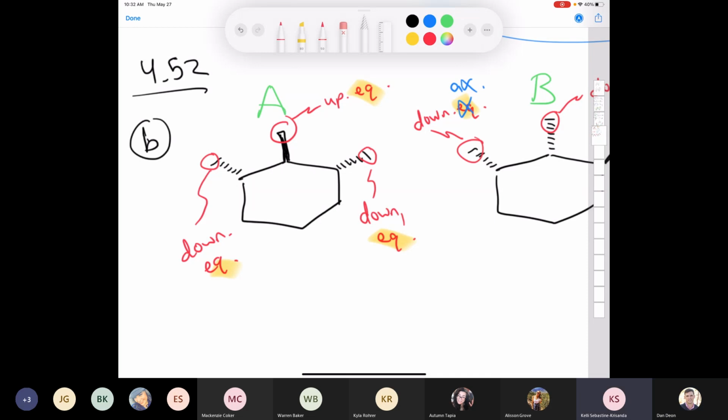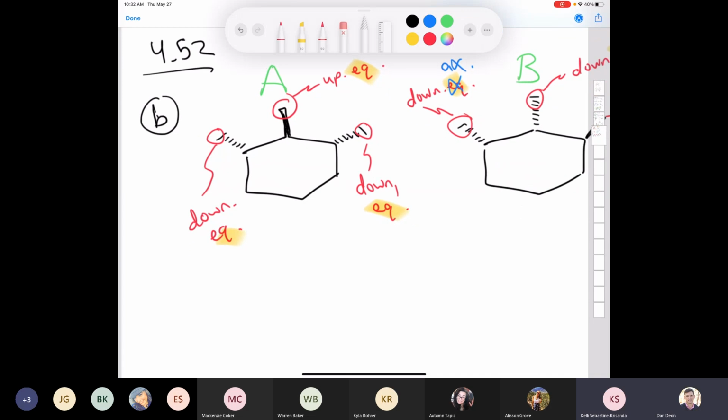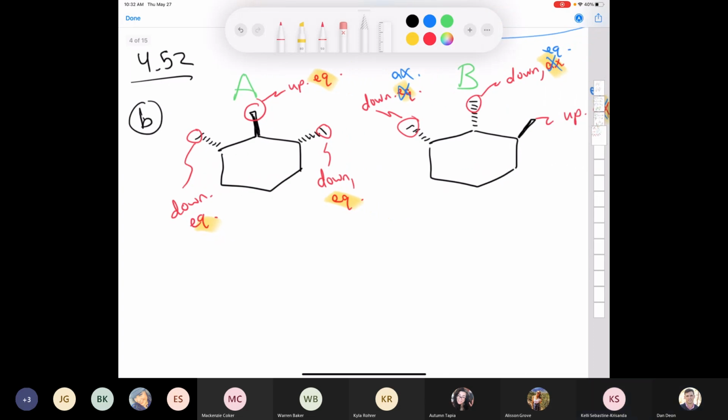If 1, 3, 5 are supposed to all be the same. No, but these aren't 1, 3, 5. This is arranged 1, 2, 3. I understand if you were completing the whole ring, right? If the solid line is supposed to be equatorial, meaning it's going up, and we're assuming that first solid line is 1, the next dashed line is 2.